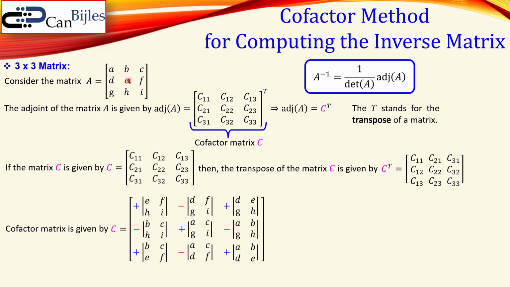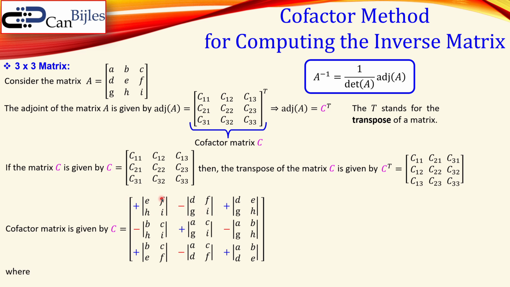What's left is these 4, D, E, G, H. In a similar form, you do that for the other 6. Then you get here 9 determinants. It takes some time to calculate this, but if you do that carefully, it's not that difficult.